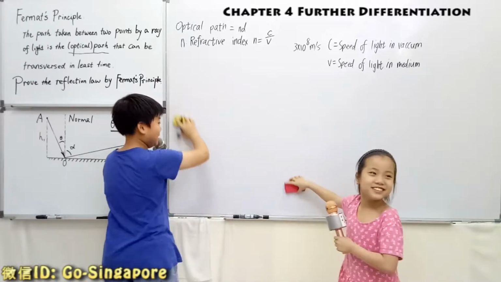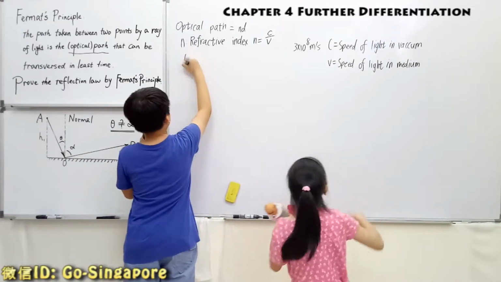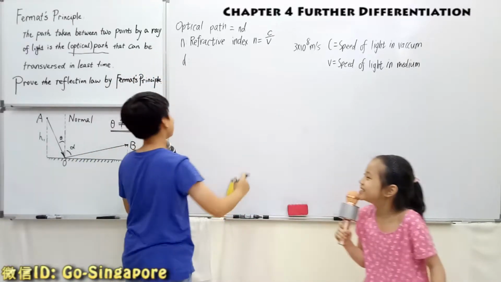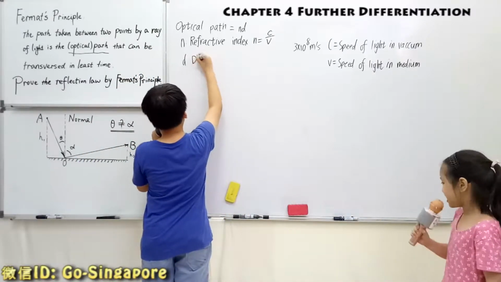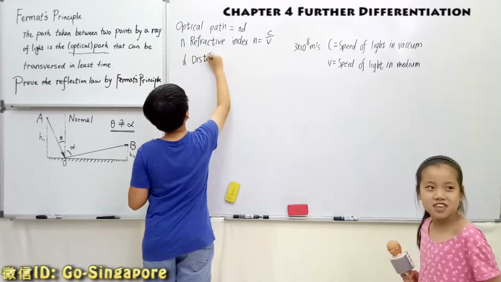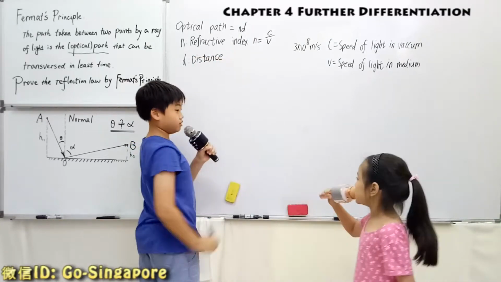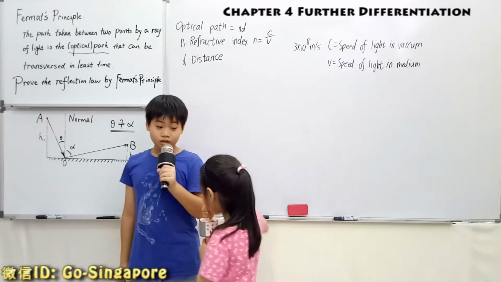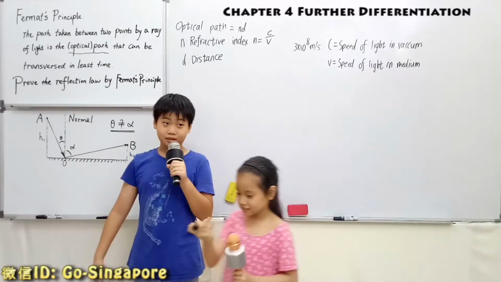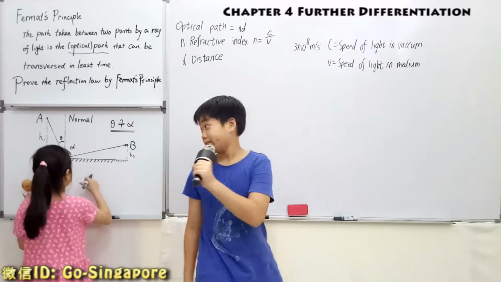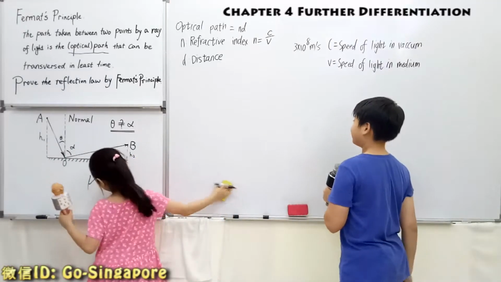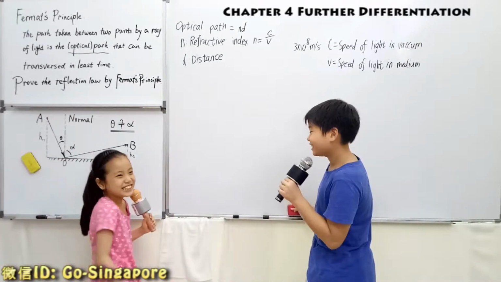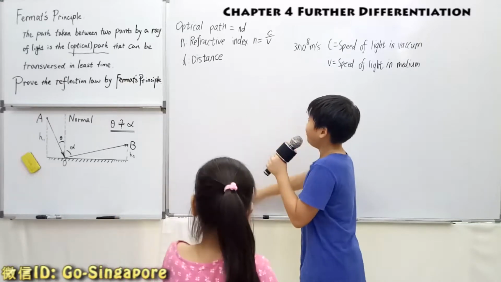Okay, next, we'll talk about D, because there's an n and a D, right? So for D, this is the distance. Later on in this question, we'll actually be talking about this distance.